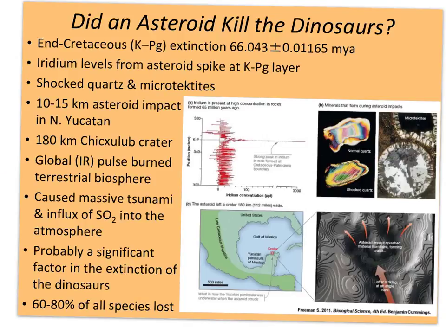He was a geologist, and he noticed in strata that was about 66 million years ago that there was a thin layer of iridium, which is an element that is very rare on Earth, but oftentimes makes up a major part of comets and asteroids.